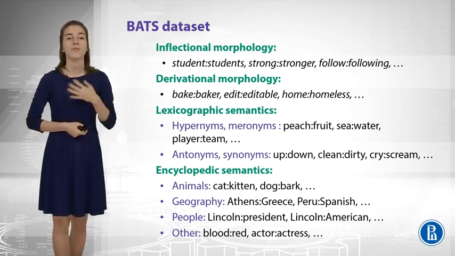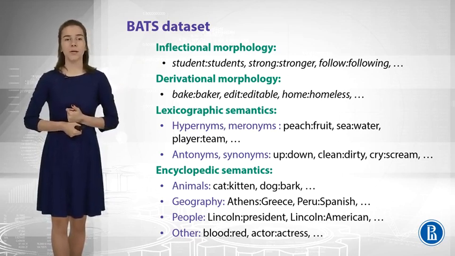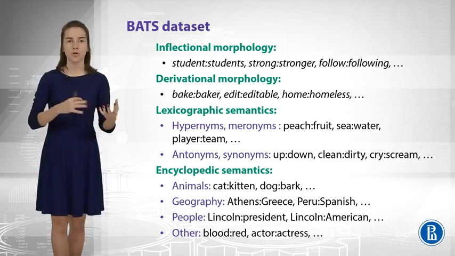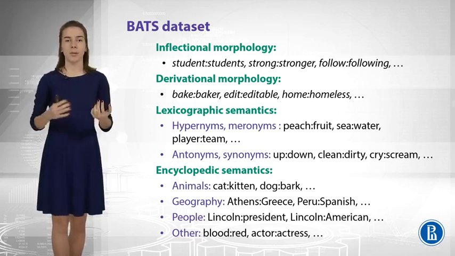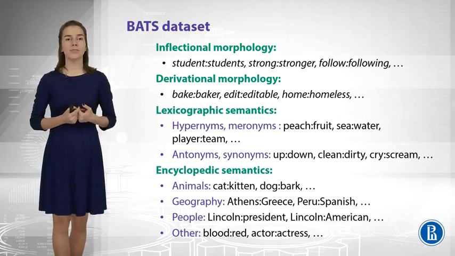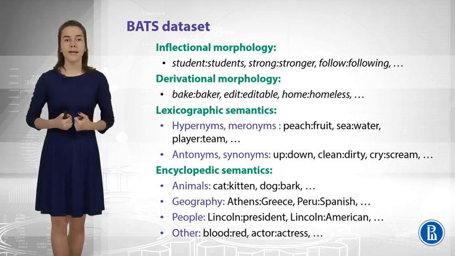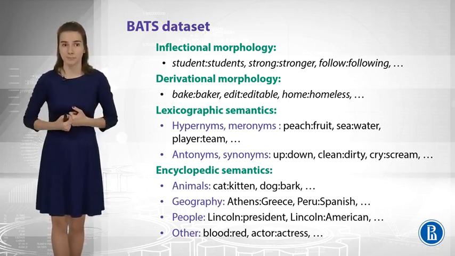So first we have some morphological examples. We have inflectional morphology, which means that we can just change the form of the word, like orange to oranges is the same as apple to apples. Or we can have derivational morphology, which can also change the part of speech, like bake to baker is the same as play to player.